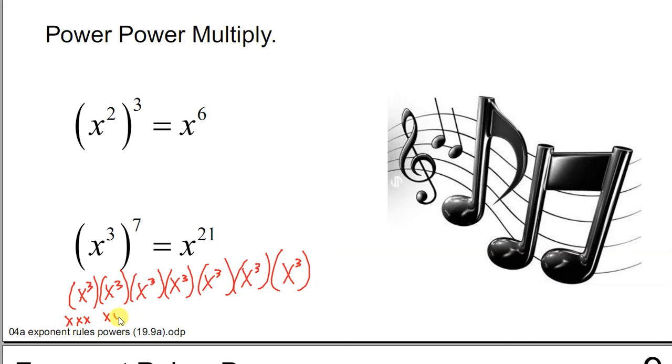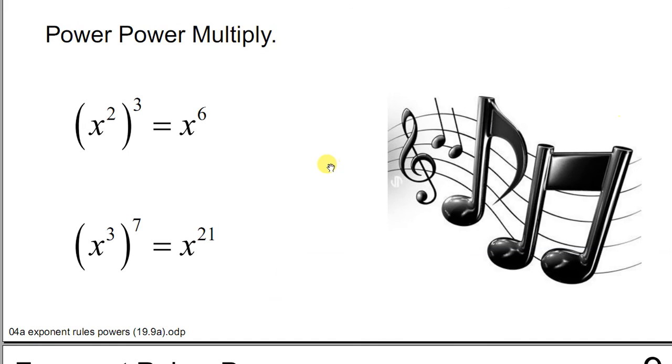Look at all these x's. Counting them, 1, 2, 3, up to 21. This is x to the 21st. I could expand it out like that, or I can just go 3 times 7. 3 times 7 is better.